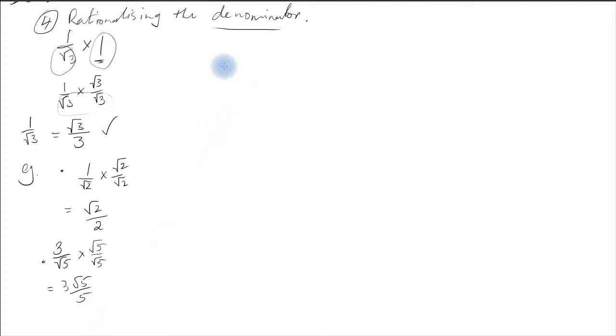Okay, let's do one more example. Let's suppose we have 3 root 5 over root 6. Going to multiply that by root 6 on root 6, giving us 3. Now, root 5 times root 6 is root 30 over root 6 times root 6 is 6.